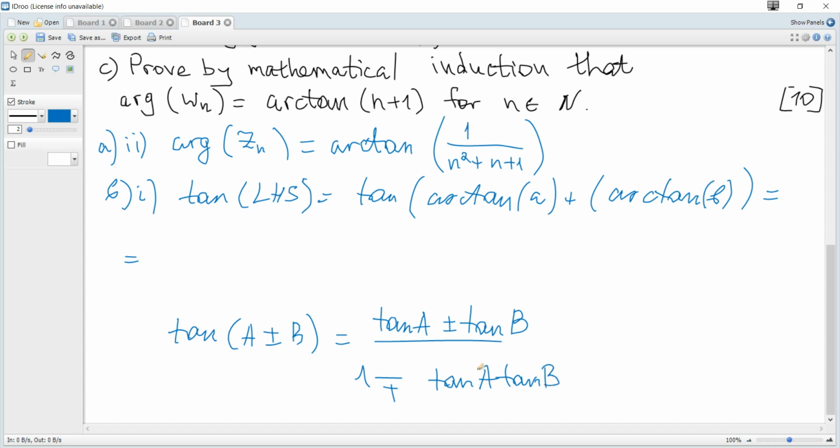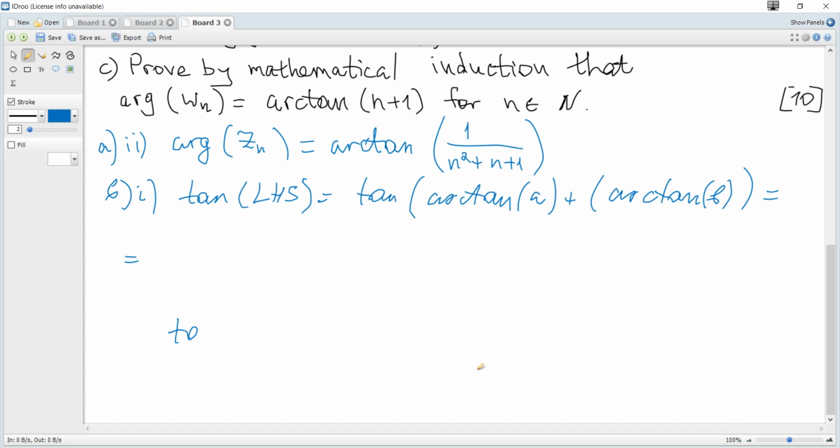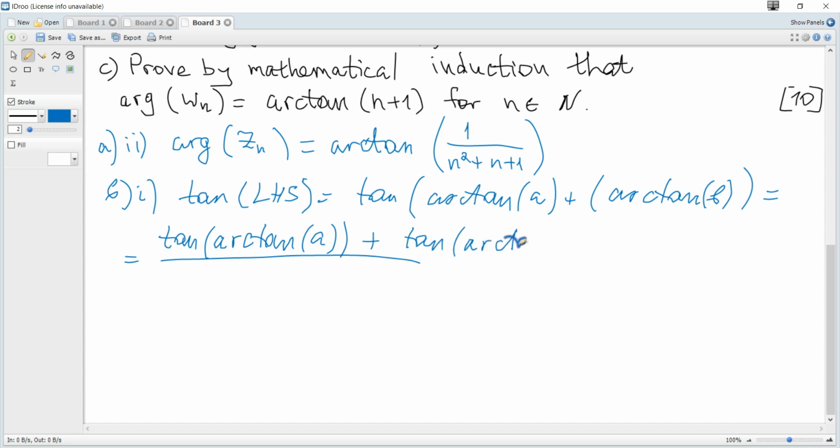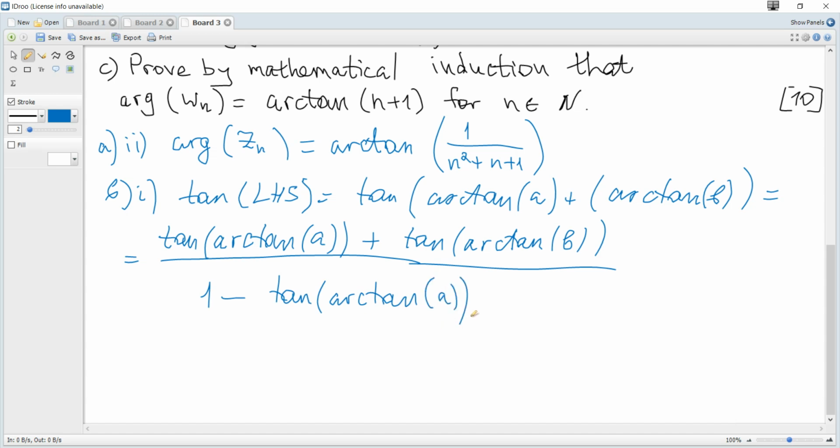So it becomes tangent of arctangent of a plus tangent of arctangent of b, divided by 1 minus tangent of arctangent of a multiplied by tangent of arctangent of b.